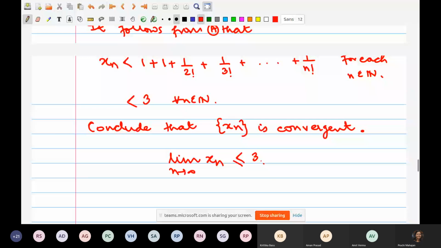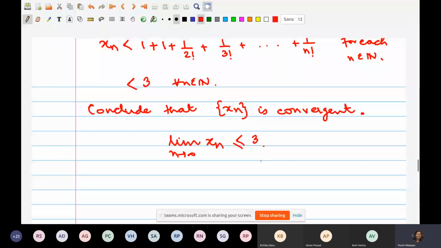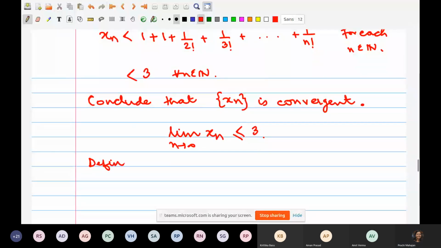So the definition of the Euler number: e is the limit of this sequence, right?